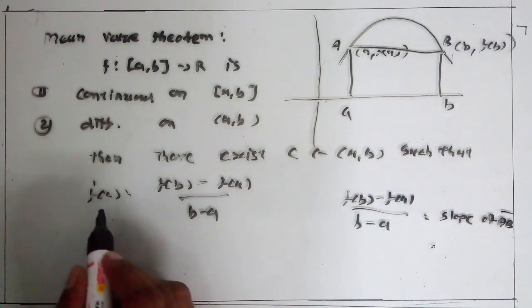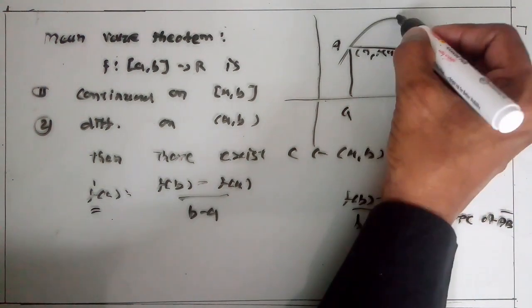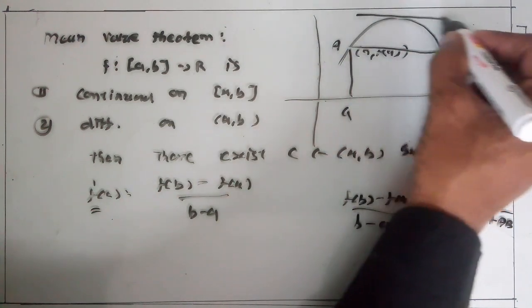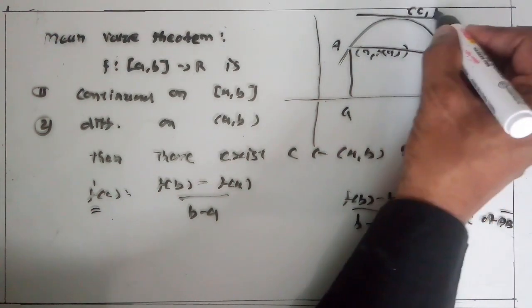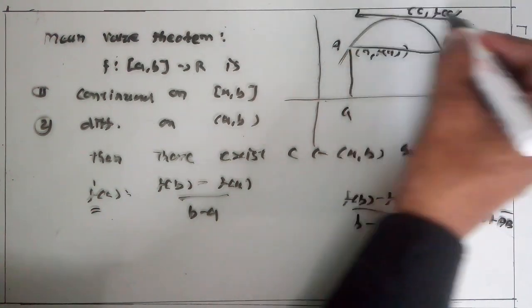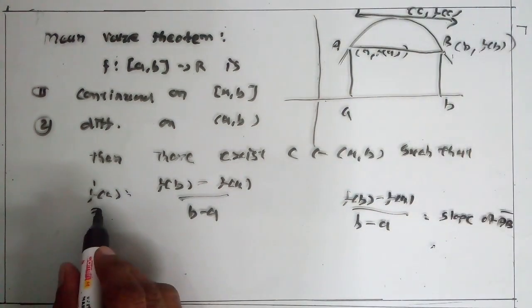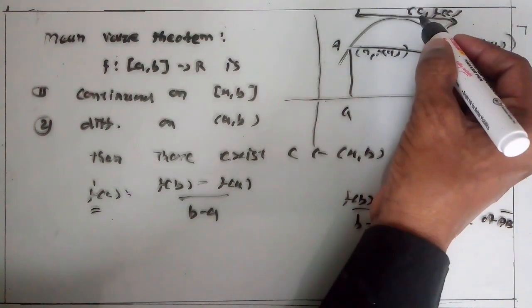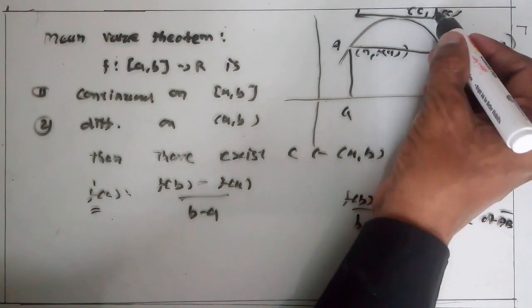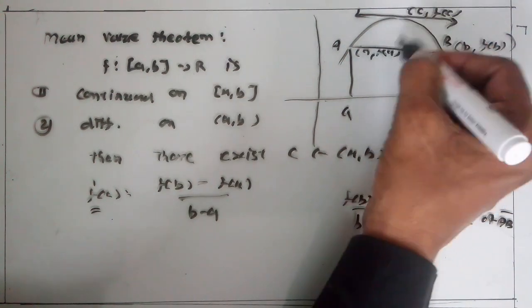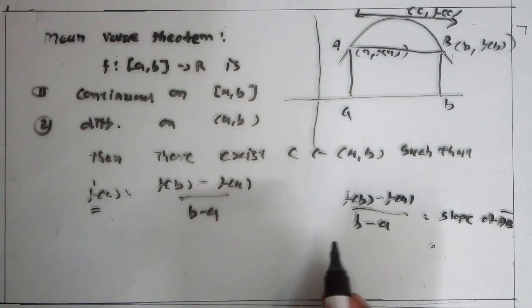And f'(c) gives the slope of the line at (c, f(c)). f'(c) gives the slope of the tangent, that is, a line at (c, f(c)), and both are equal, that is, both are parallel. Clear?